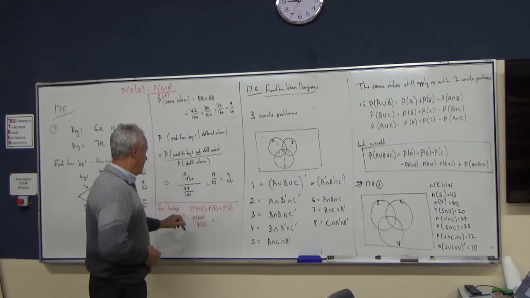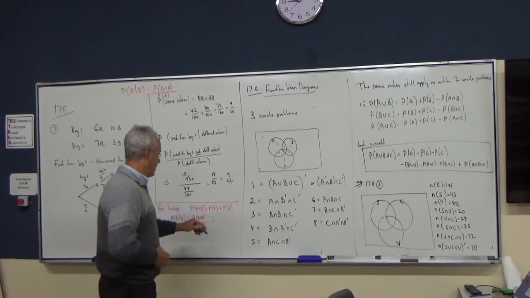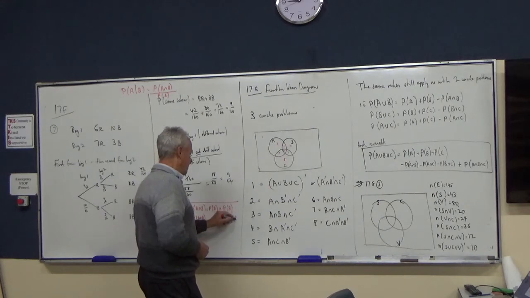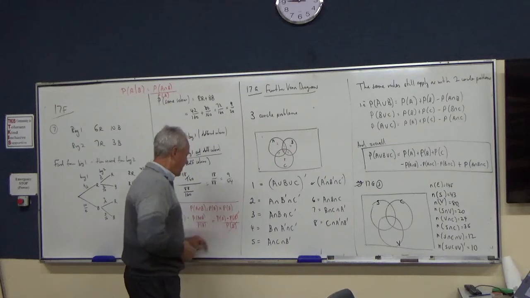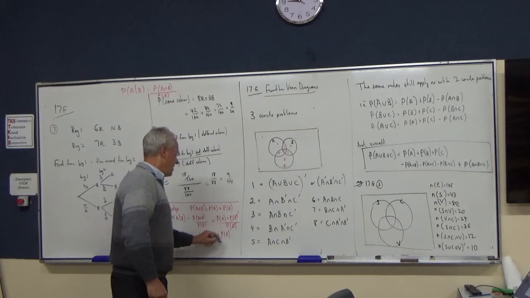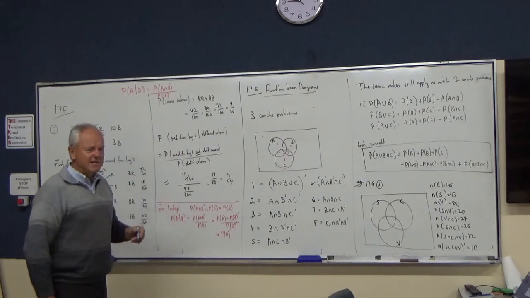But now, if they are independent, then the top line becomes the probability of A times the probability of B. So it's the probability of A times the probability of B over the probability of B. They cancel out. So it's just the probability of A. The probability of A given B.